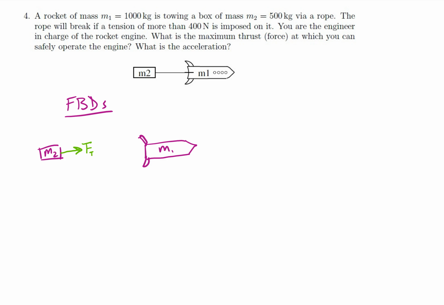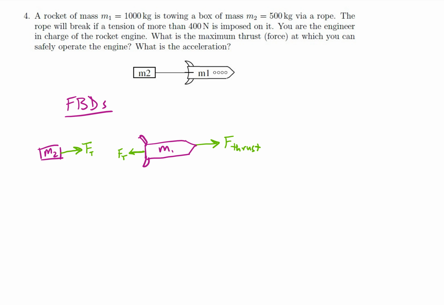The rocket has two forces acting on it. It has the force of thrust from its engines pushing it forward, but it also has a tension force from the rope pulling it backwards. One way to think about this is by Newton's third law.